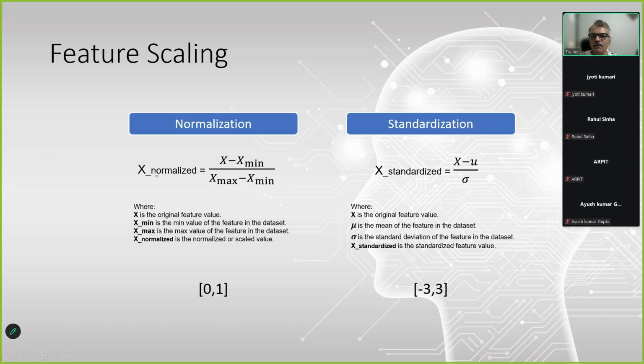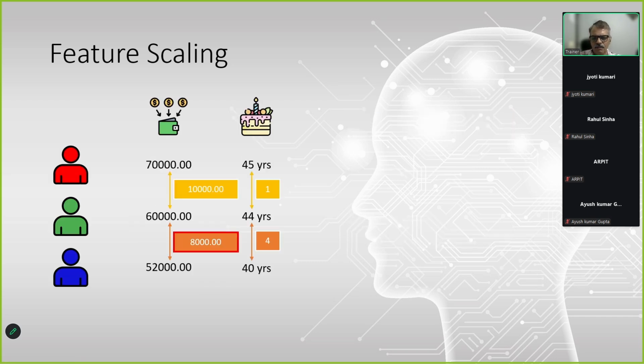This is the formula for the normalization. The formula for the normalization is the value in the column minus the minimum value, divided by max minus min. So it will give you the normalized value, right? Now we are going to apply it to the columns one by one. So we are applying it to the income column first.